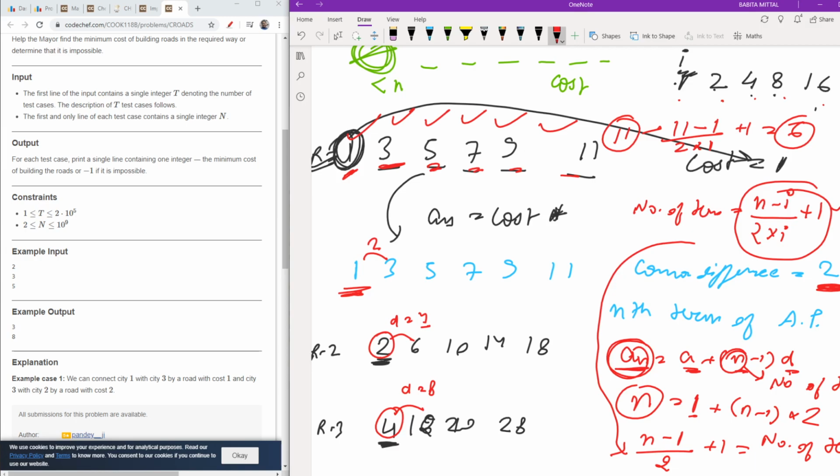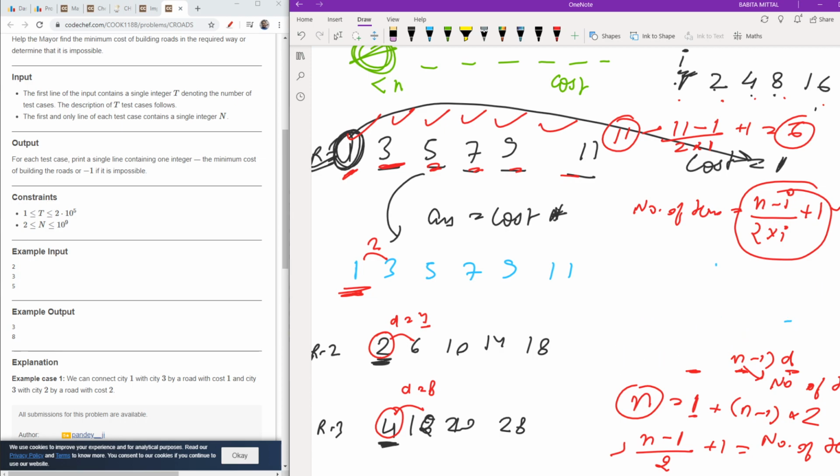So actually now I will remove some things. How to remove basically? Yeah, eraser. So I will remove all these things. It is not required now.